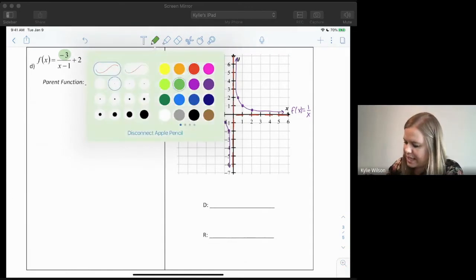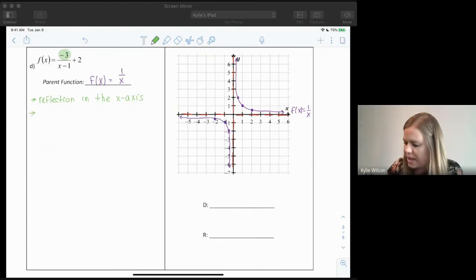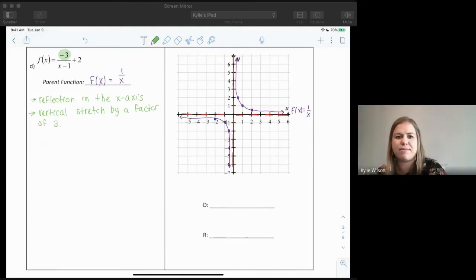Because it's negative, we have a reflection in the x-axis. And because it's a 3, we have a vertical stretch by a factor of 3. Like this.